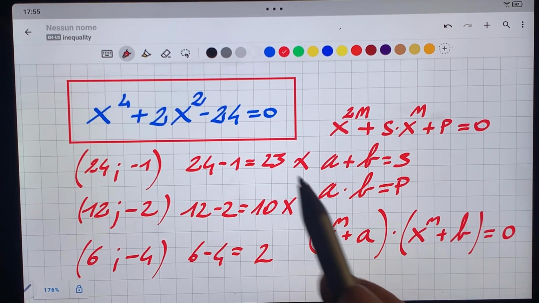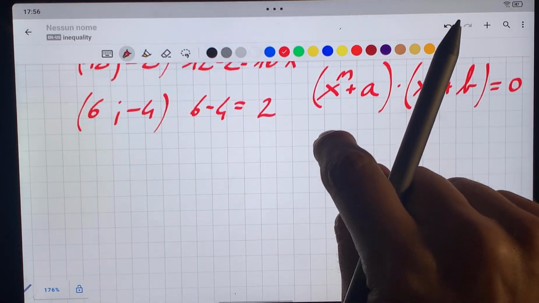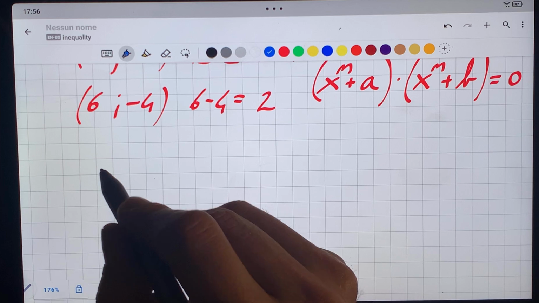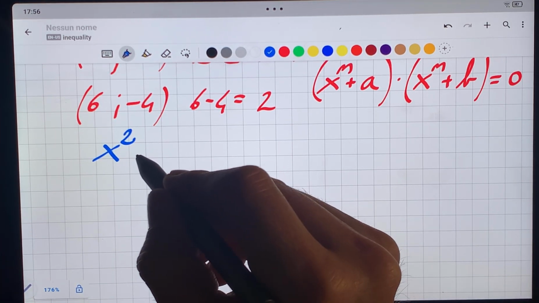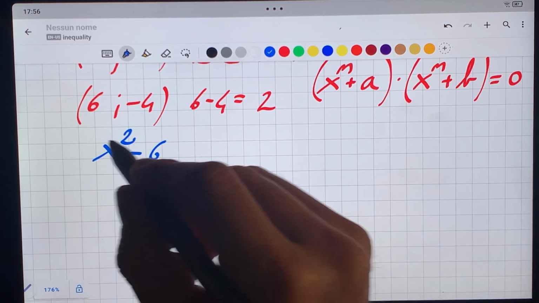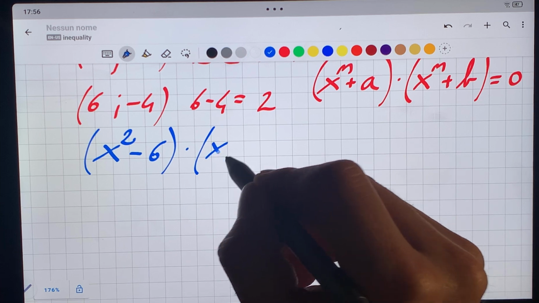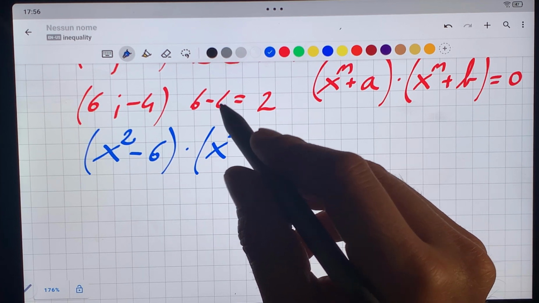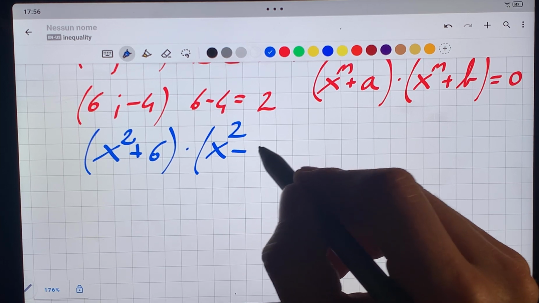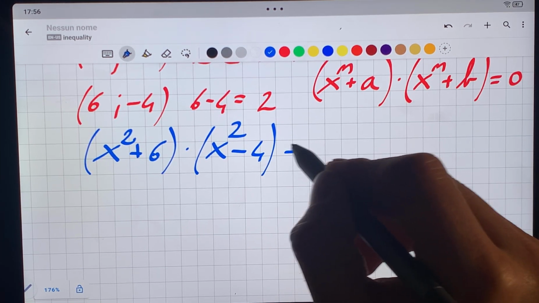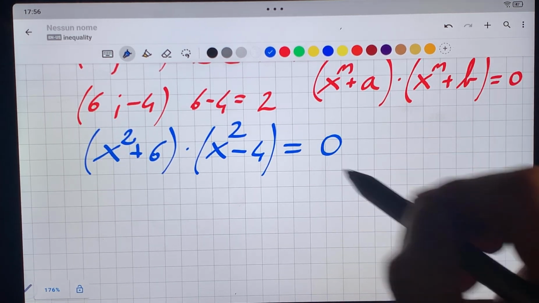So we can factorize it as x squared minus 6 times x squared plus 6, and then x squared minus 4 equal to 0.